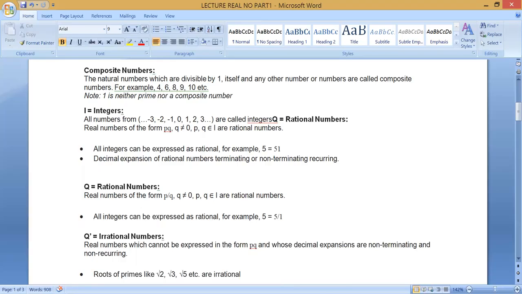That is, the dots mean you can represent integers on the number line. In 9th class I explained about integers: on the number line, you take 0 in the middle, and on the left-hand side you mark negative numbers, and on the right-hand side positive numbers.